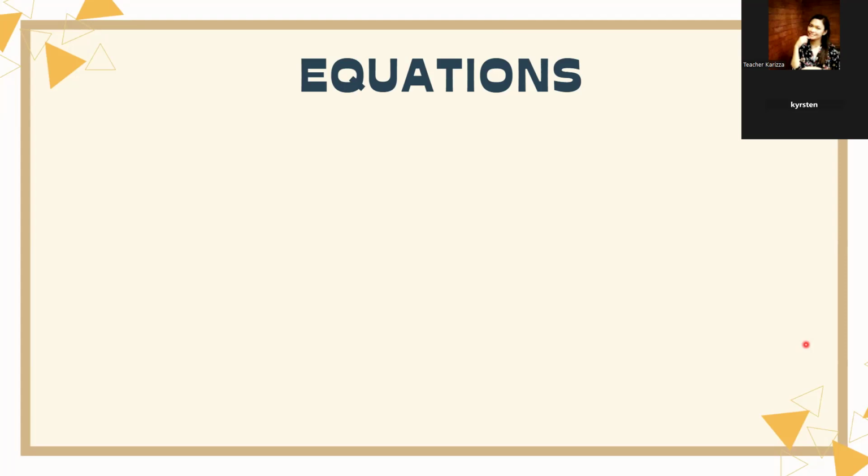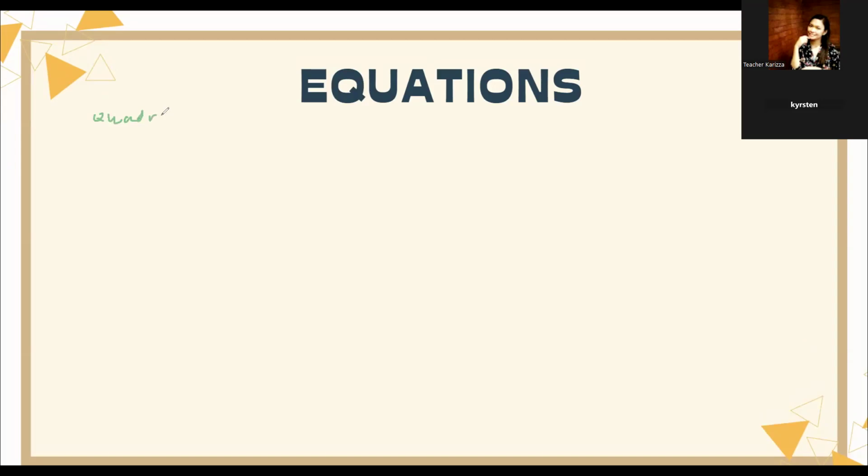So for today, we are moving to quadratic equations. Okay, so for quadratic equations, just forgive my handwriting. We have basic ax squared plus bx plus c. So other than abstract reasoning that we discussed, for some exams, meron din silang section na numerical reasoning.